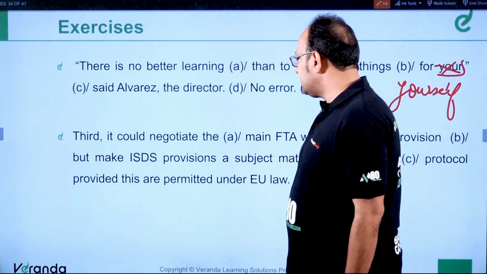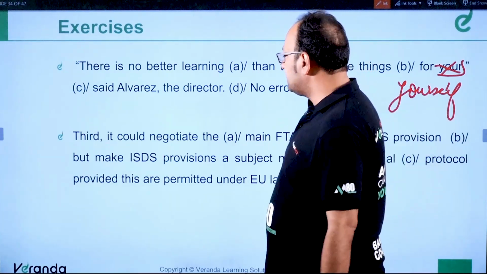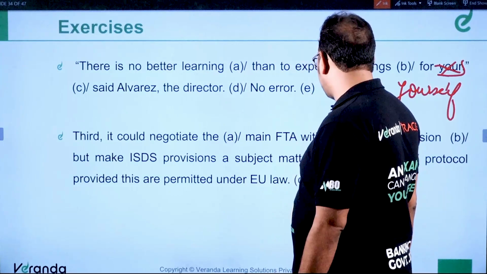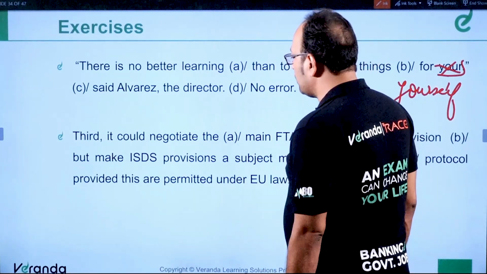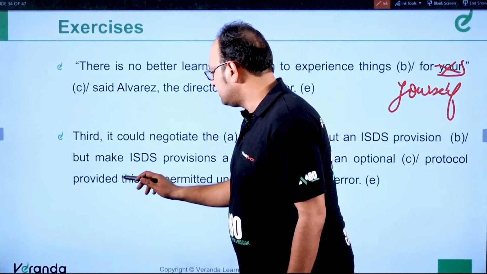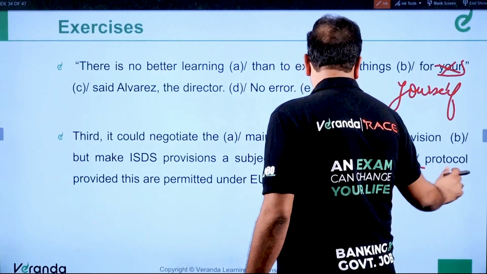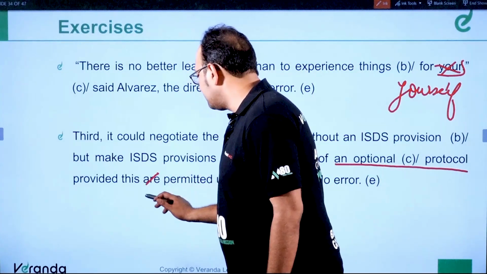Third, it could negotiate the main FTA without an ISDS provision, but makes ISDS provisions a subject matter of an optional protocol, provided this are permitted under EU law. We are talking about an optional protocol, so it should be this is permitted?